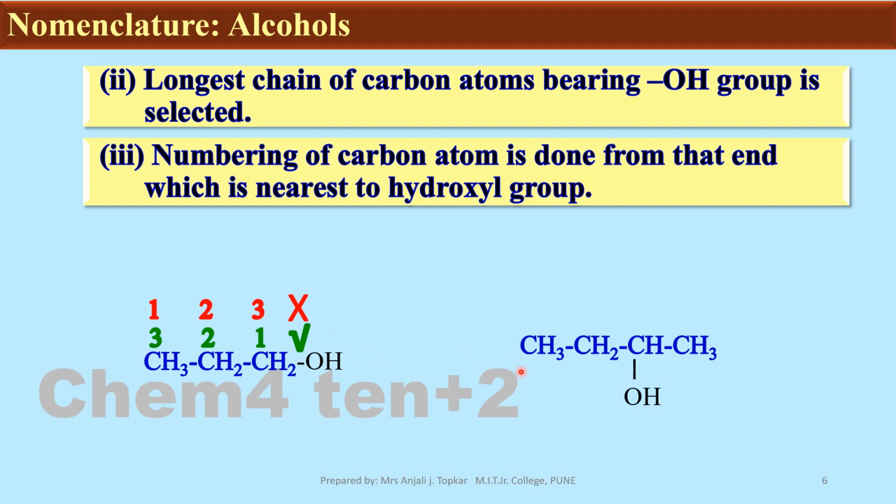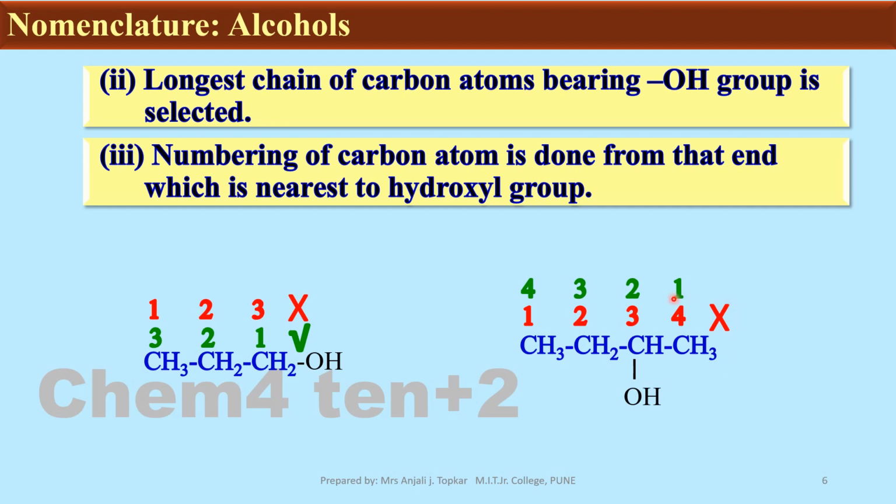Let's take another example. CH3, CH2, CH, CH3, and to this CH carbon atom, you will find OH group is attached. Now let's understand how to number the carbon atoms. It is seen 1, 2, 3 and 4 in this case. But here we find this is not the correct way of numbering.